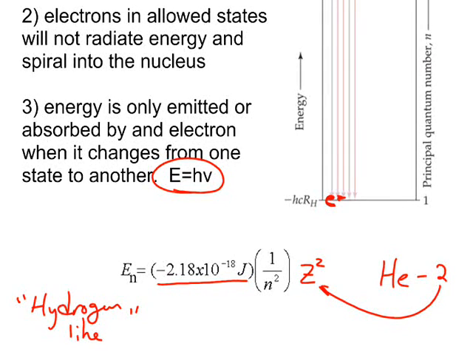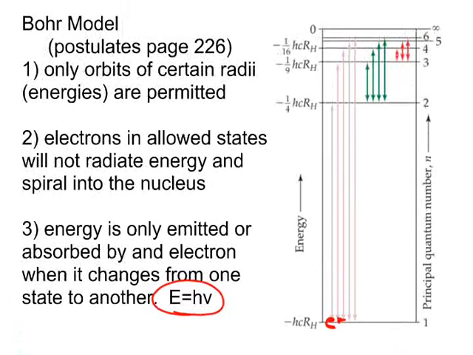Now, the other thing to notice here is that in front of the Rydberg constant, there's a negative value. What this means is that as you look at the energy levels, as you get closer to infinity, energy gets closer and closer to 0.